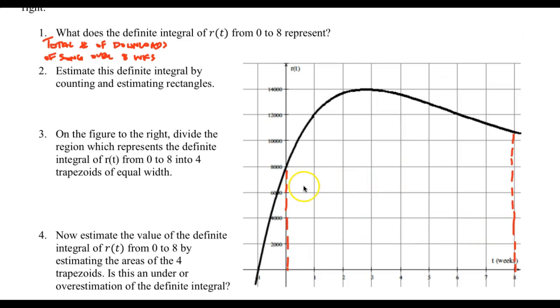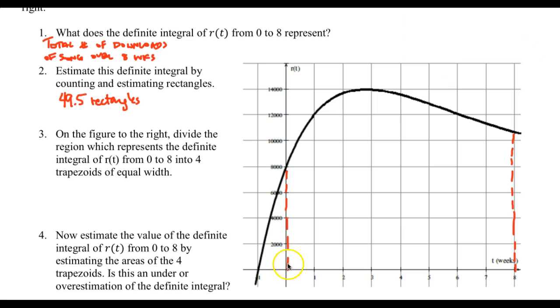Looks like there's 32, pretty close to 40. Let's just say I'm going to estimate that's about 49.5 rectangles underneath that curve there.